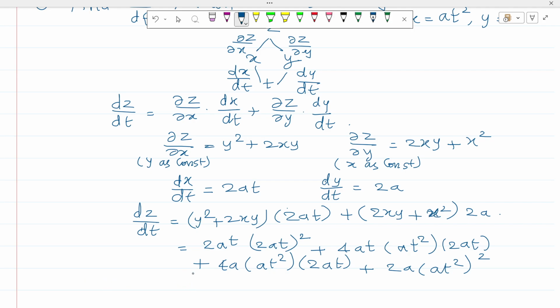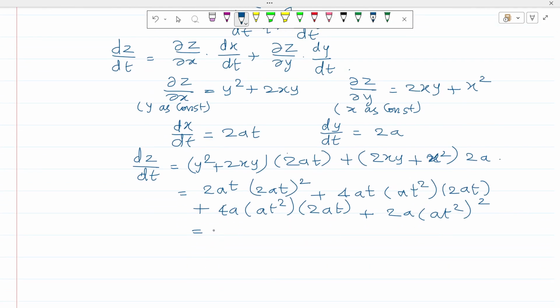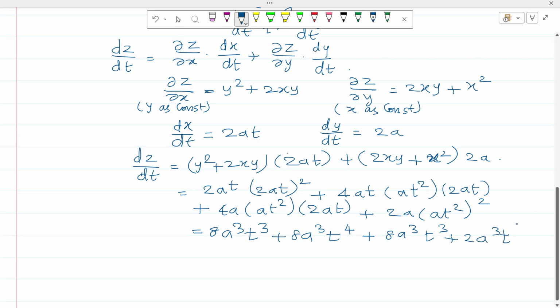So you will get 8a cube t cube plus 8a cube t power 4, plus 8a cube t cube plus 2a cube t power 4.